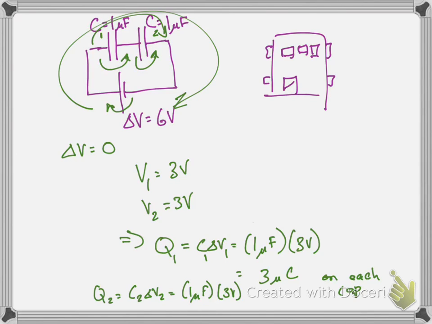Notice that if there was a single 1 microfarad capacitor, it would have taken all 6 volts, and it would have 6 microcoulombs. So less charge moves here. We've got 3 microcoulombs of charge going this way and minus 3 microcoulombs going this way.